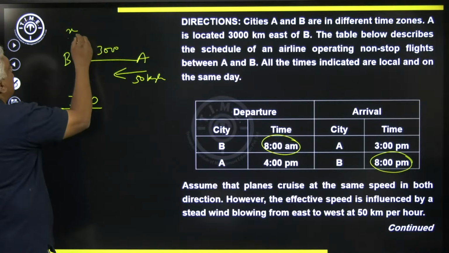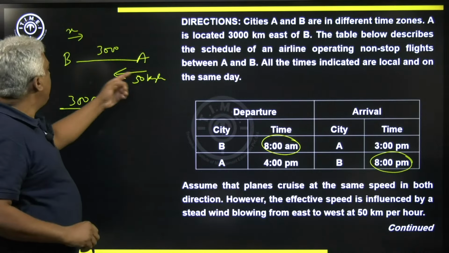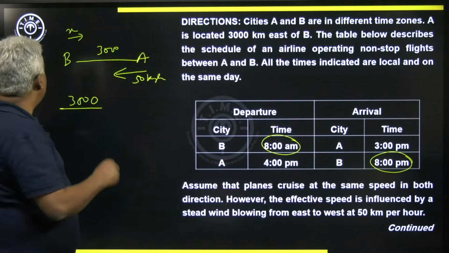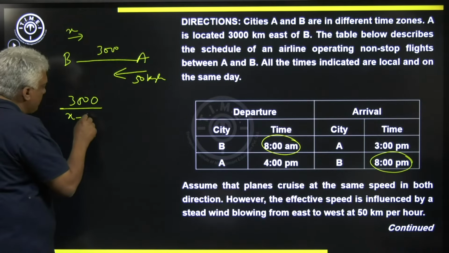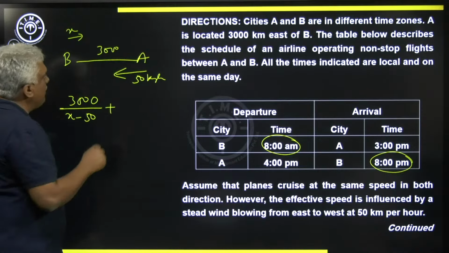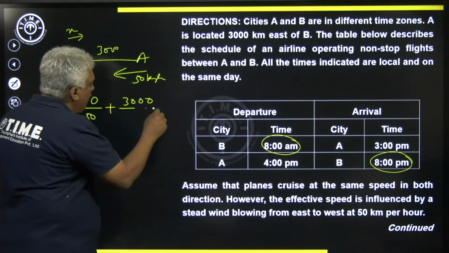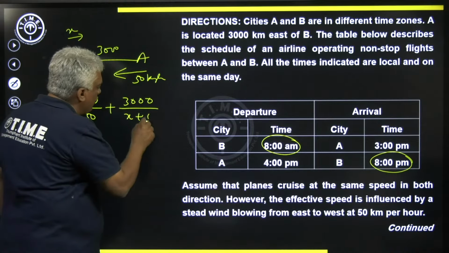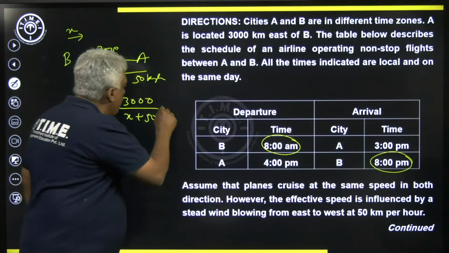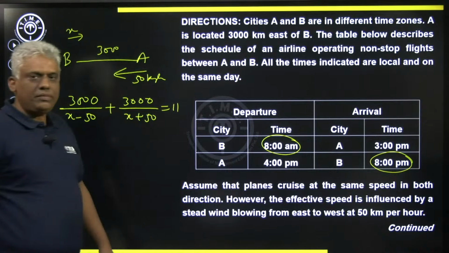When the plane is going from B to A, it has to oppose the wind, so effective speed will be x minus 50. And while coming from A to B, 3,000 divided by effective speed x plus 50, because wind is also helping. And this total is 11 hours.